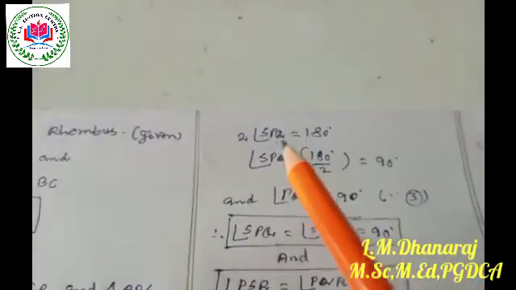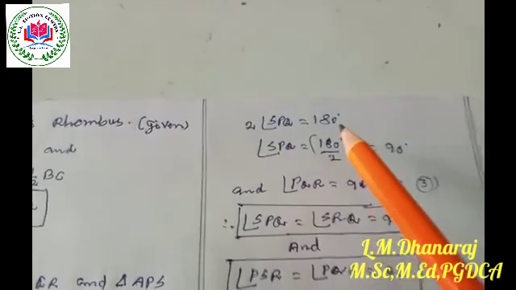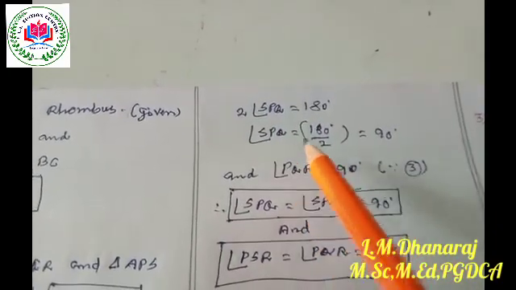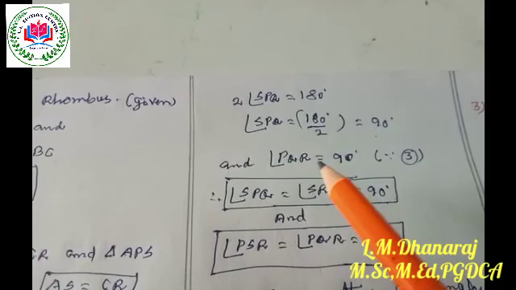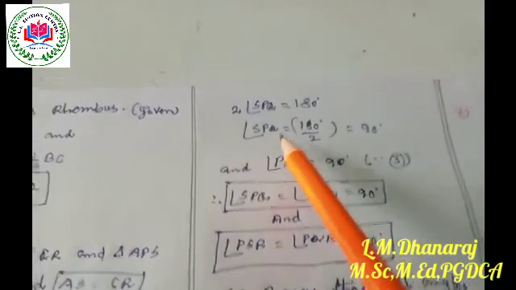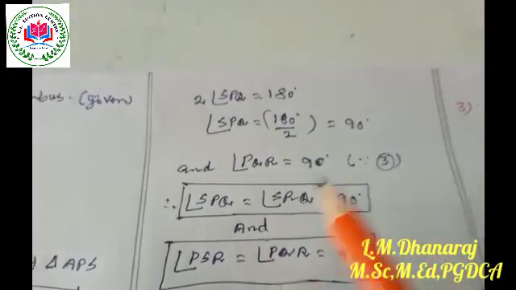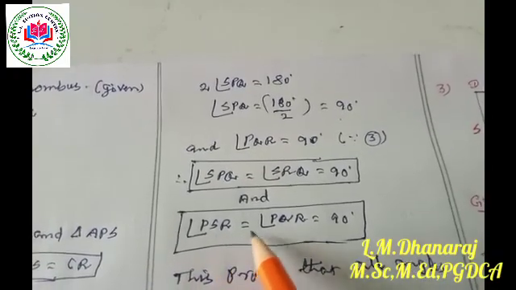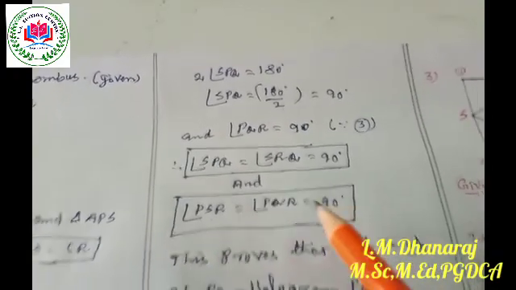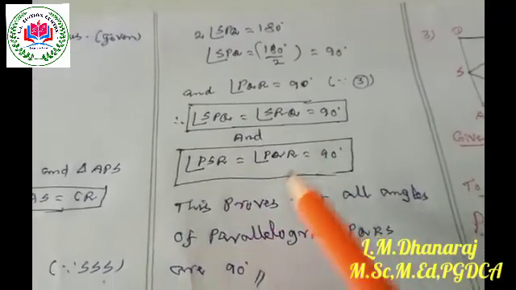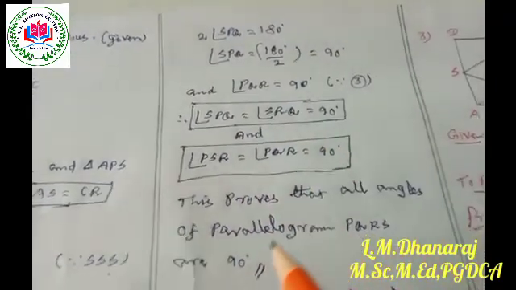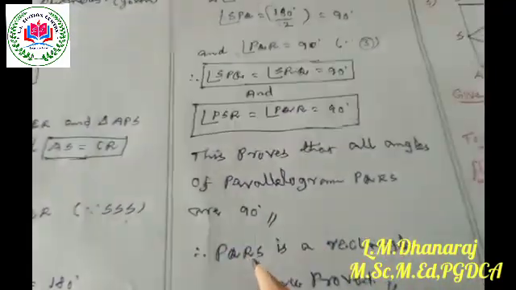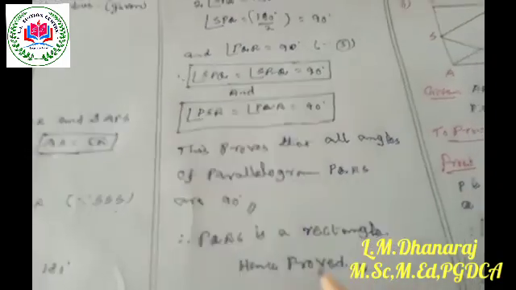This proves that 2 times angle SPQ is equal to 180 degrees, that is, angle SPQ is equal to 180 divided by 2, that is 90 degrees. When SPQ is 90 degrees, PQR also should be 90 degrees because both are equal. Similarly, angle PSR is equal to angle PQR, which should also be 90 degrees. Since all 4 angles are 90 degrees, we can say PQRS is a rectangle.